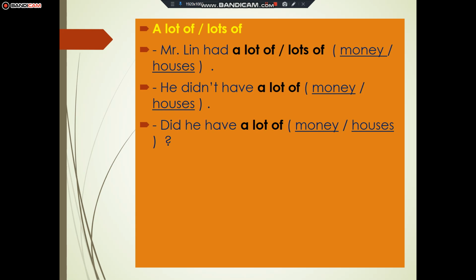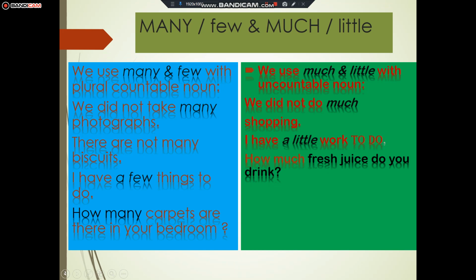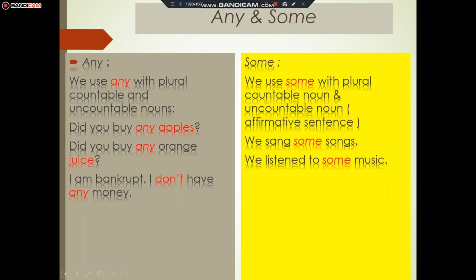Okay, guys. Now, any and some. You have to know, guys, that we use some and any with plural countable nouns and uncountable nouns. Okay, we can use any and some with a plural countable noun and with an uncountable noun.